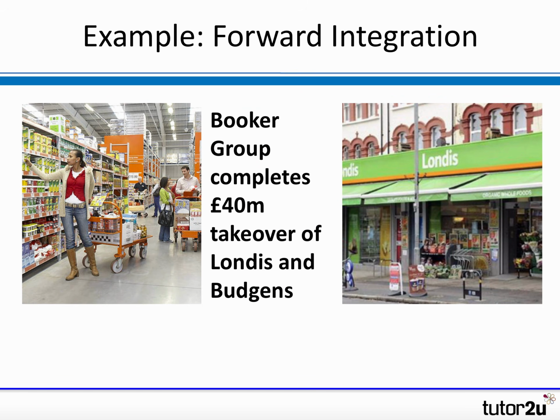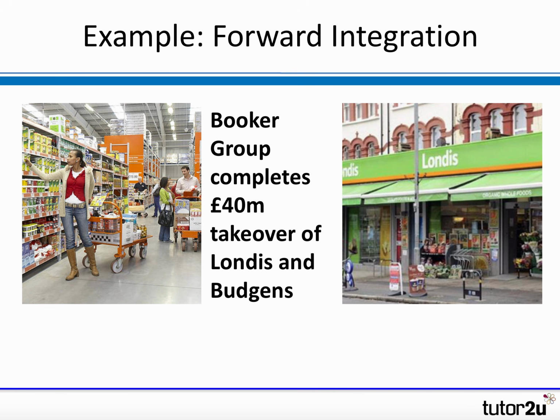Forward integration. Here's a takeover that took place in 2016, and it involved a business called the Booker Group. The Booker Group is one of the UK's largest wholesalers. It runs a bit like Costco, well, very much like Costco, running large wholesale operations which serve individuals, but mainly small retailers.